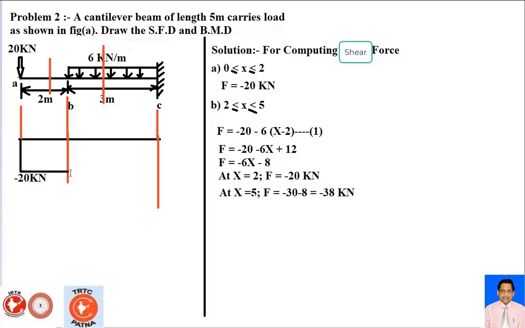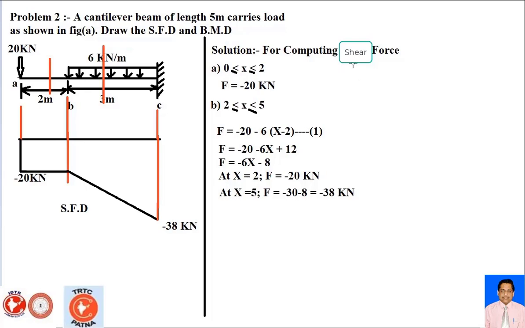That means the force is linearly varying here from 20 to 38 kilonewton. So here is your minus 38 kilonewton. Okay. So through this process you have to draw here the shear force diagram. This is your SFD. The next you have to draw the bending moment diagram on this problem.